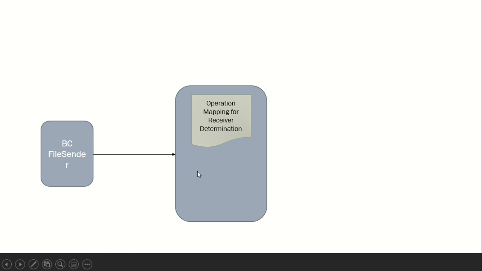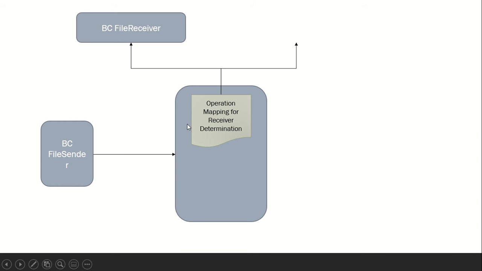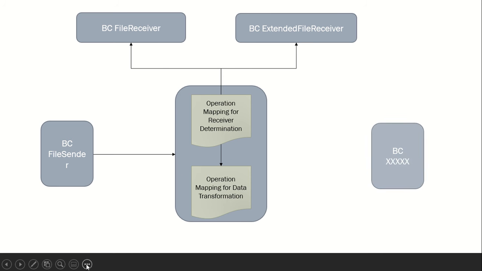Once the receiver is determined, it will be written in the message header. So let's say there are two receivers which you have: the first is BC file receiver, the other is BC extended file receiver.